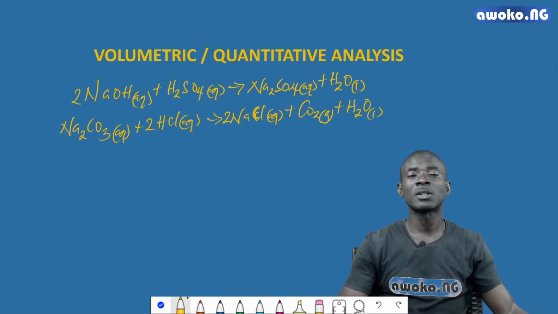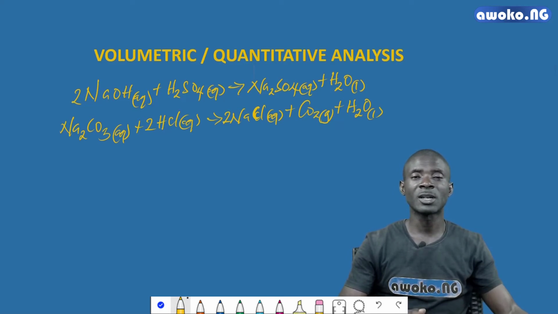Now, in solving questions involving neutralization reaction, for the sake of this class, since we are not in a practical class, where you will be taught more on the method of dissolving, preparing the different solutes, or the method of dilution, we are simply going straight to the calculation aspect.